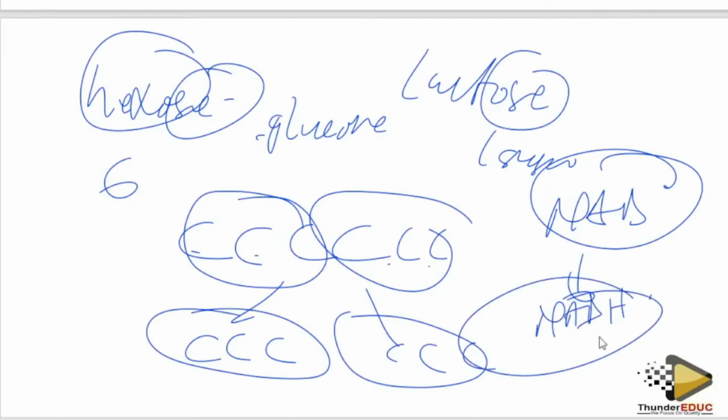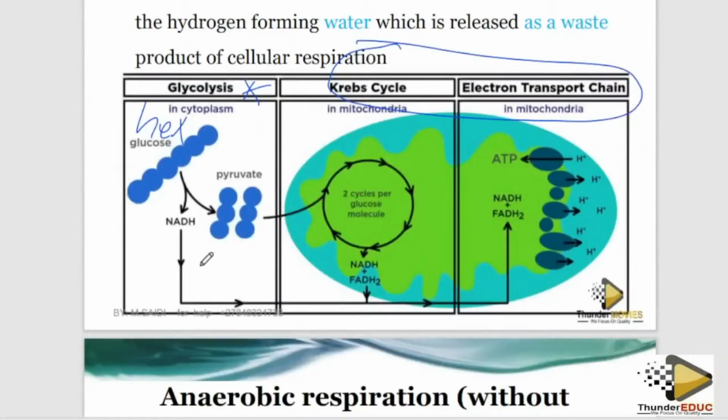Don't forget that for respiration it is called NADH, while for photosynthesis it is called NADP. So please don't confuse the two. The NADH is the energized molecule which enters the chain. Where does this occur? It occurs in the cytoplasm.